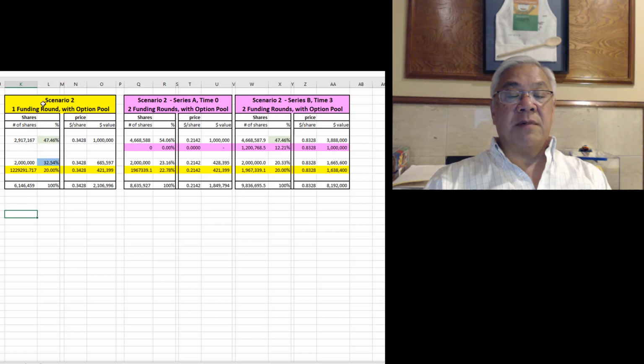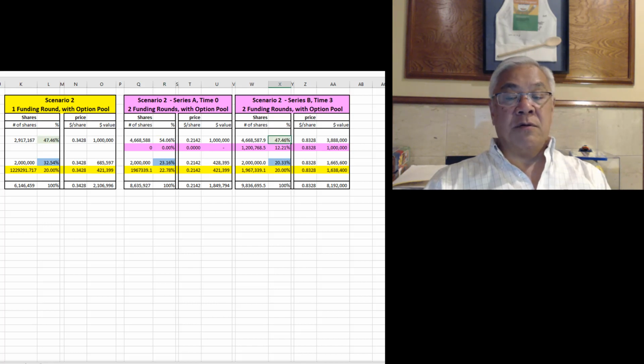Then in scenario 3, where there's a Series A and a B, they drop to 23% after the Series A, and then they drop further to 20.33 after the funding of Series B. So one thing is clear, the founder share just shrinks, whereas the VCs, particularly the Series A, they stay at 54, but that's only because it's the intermediate result, leading to, guess what, 47%.